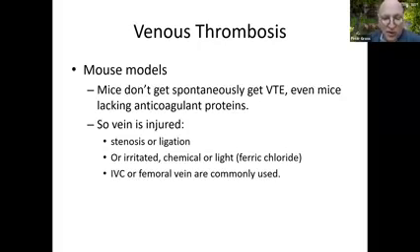So the most common one is where they take the inferior vena cava and they tie a suture around it and they tie it off. Okay, and then they put that back. They sew the mouse back up, and that's their DVT model. So, as a clinical thrombosis doctor, when you see an ovarian vein thrombus after someone's had an oophorectomy, you don't really care, right?